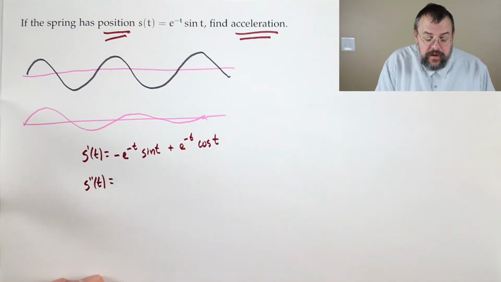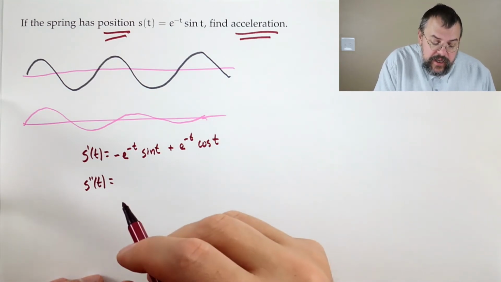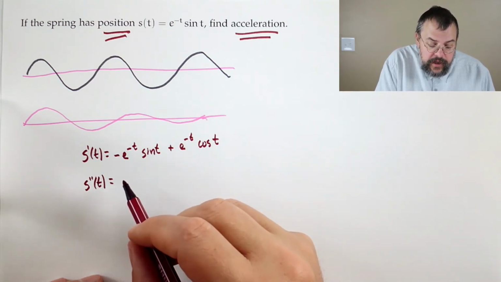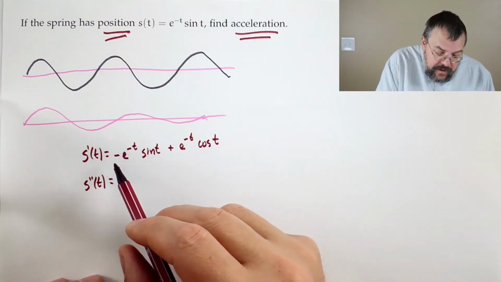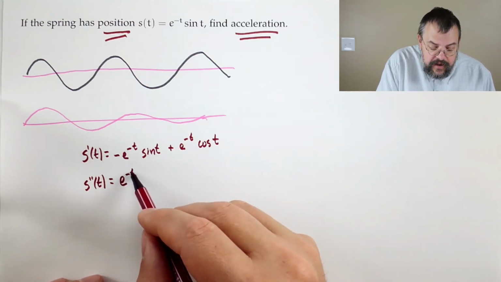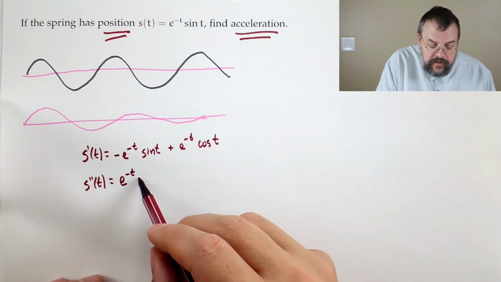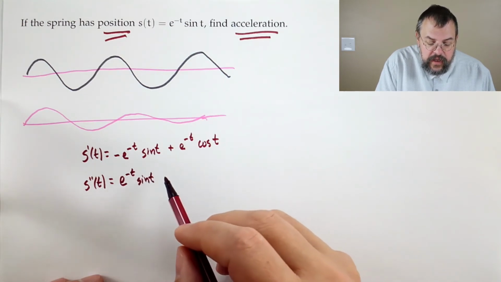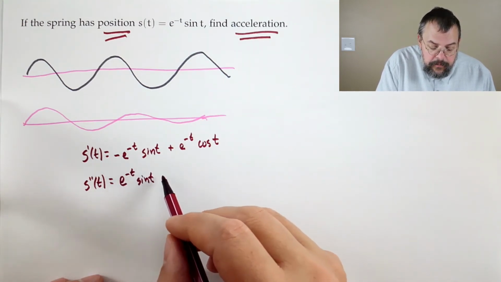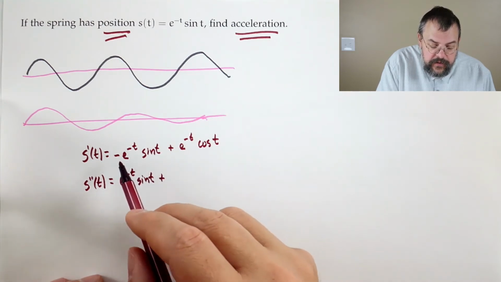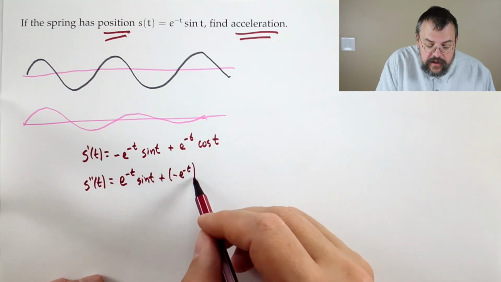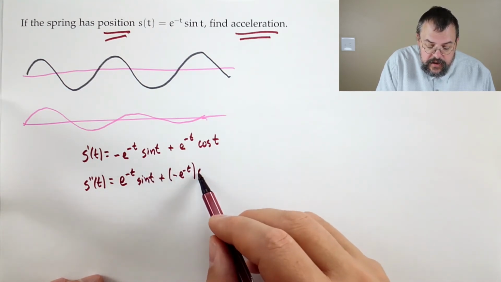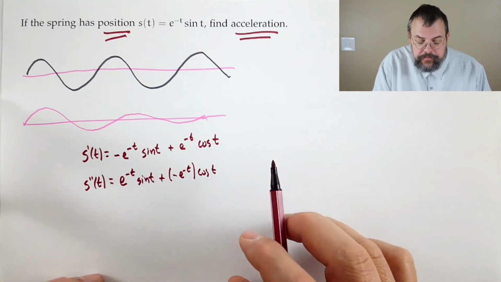What will happen? Well, if you look at the second derivative, what you'll see is okay, the root of the first, another minus comes down, so it's really e to the minus t, and then times the second, and then, all right, plus the first, which is minus e to the minus t, times the root of the second, which is cosine t.